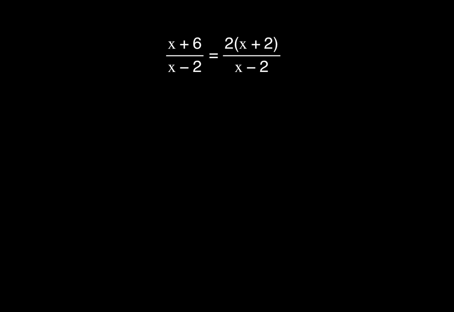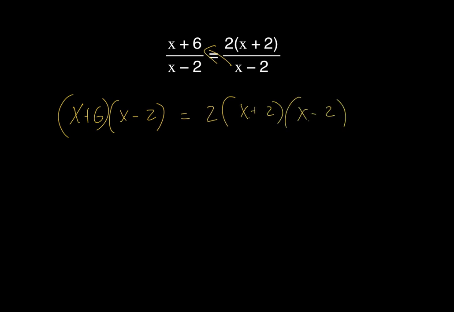Because if we go with cross multiply, I'm going to have x plus 6 times x minus 2, and I'll have 2 times x plus 2 times x minus 2. If I notice that the denominators are the same, I will have x plus 6 equaling 2 times x plus 2.